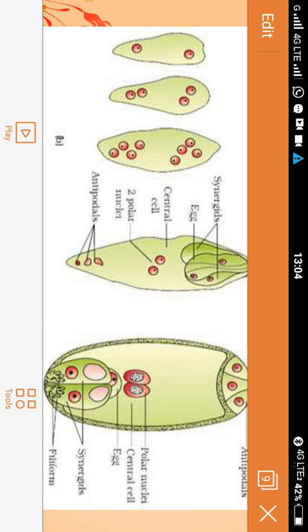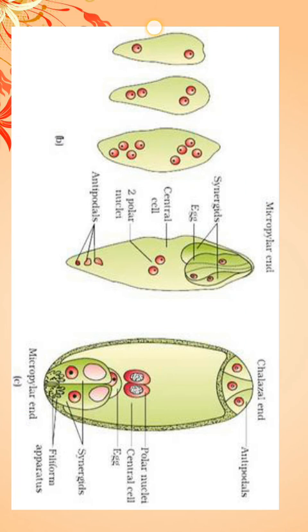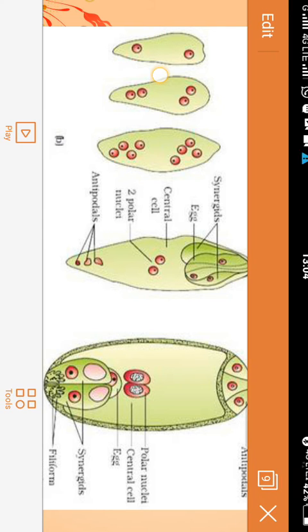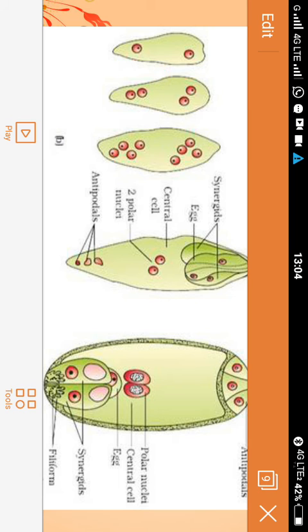Now this functional megaspore will undergo 3 continuous mitoses. At the end of the first mitosis, two nuclei are formed. At the end of the second mitotic division, 4 nuclei are formed, 2 arranged at one end and the other 2 at the other end.